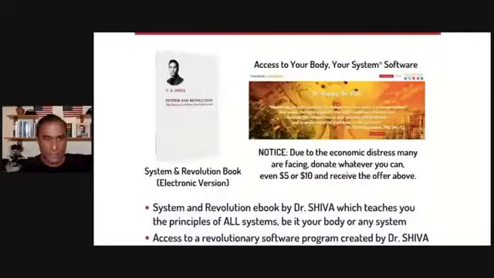Your body is a system. It gives you the core principles. It's a 108-page book. I recommend you read it, get it. It's an ebook. It's nothing. It's about 40 years' worth of knowledge consolidated. But using this book, then you get the laboratory, called Your Body Your System, where you can practice those principles to understand your body as a system.